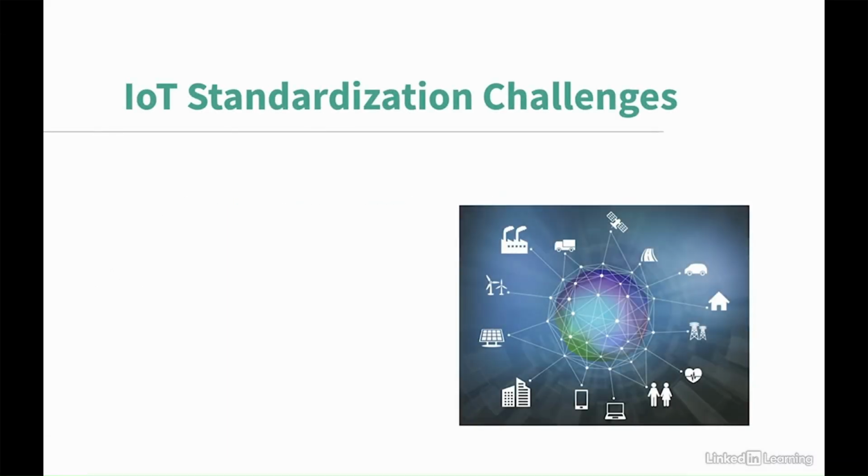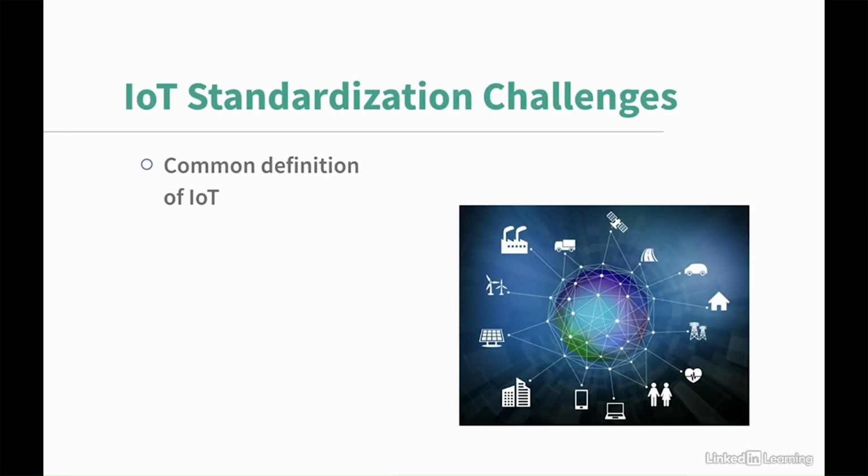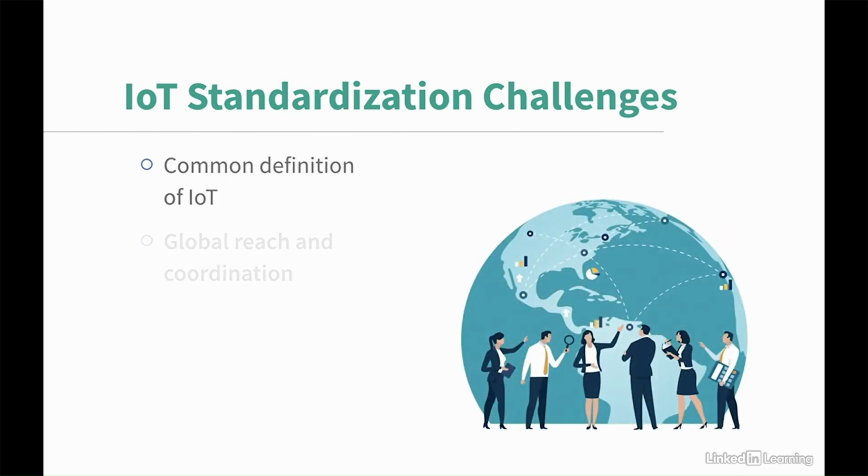The first is settling on a common definition of IoT that easily identifies its components. The need to have global reach and coordination between stakeholders is very important, as it saves time and effort within the different organizations that work on the development of standards.